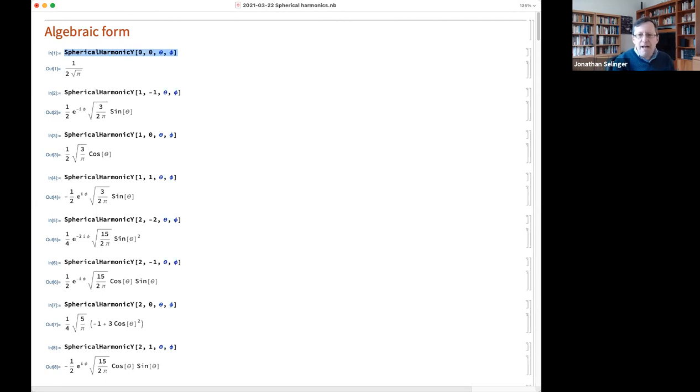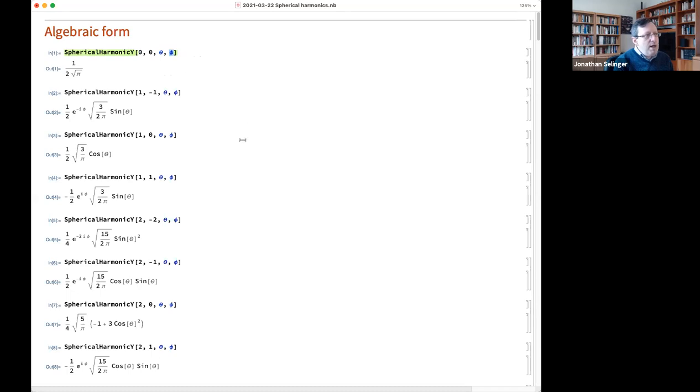And in the Mathematica notation, they made up their own thing, where it's a spherical harmonic Y function of 4 arguments. So the first argument is the L number, the second is m, the third is theta, the fourth is phi.